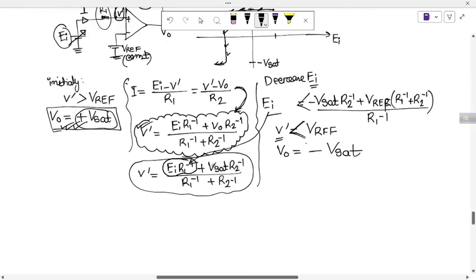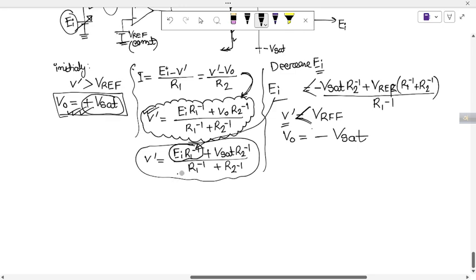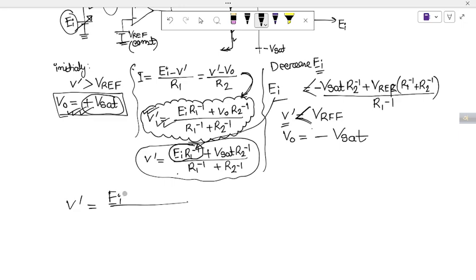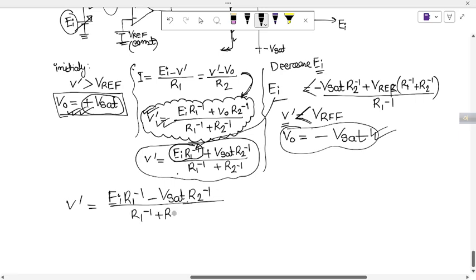Now if I write the equation for V prime, I get EI R1 inverse plus, since the output voltage is now minus Vsat, minus Vsat R2 inverse, divided by R1 inverse plus R2 inverse.